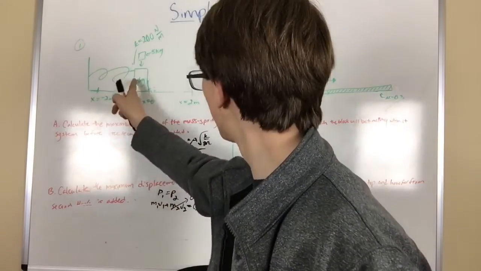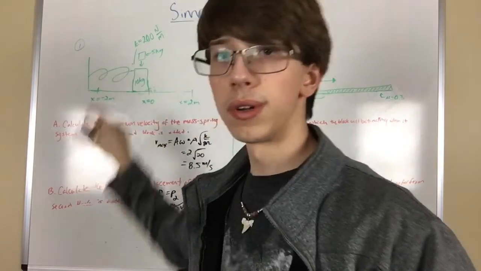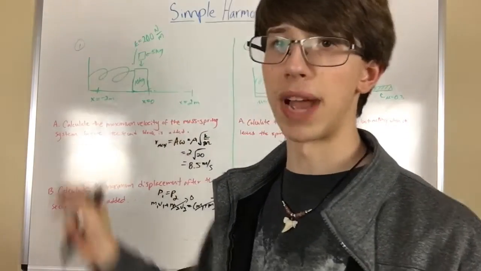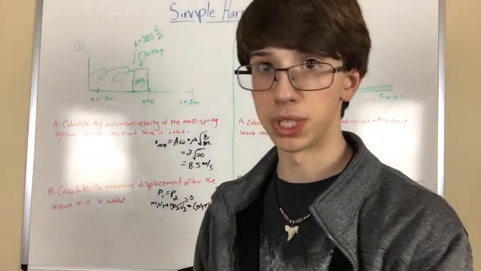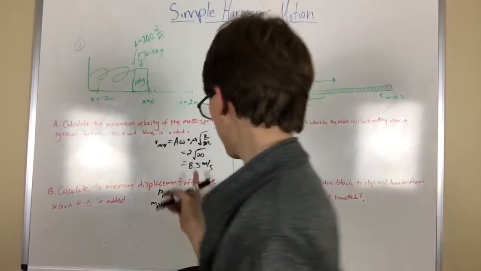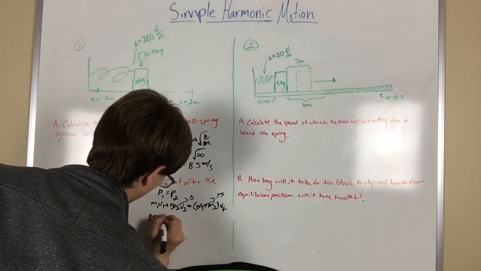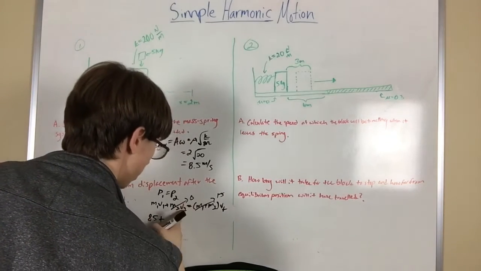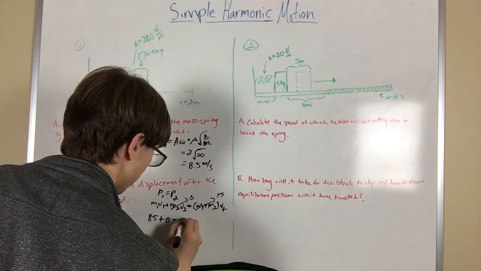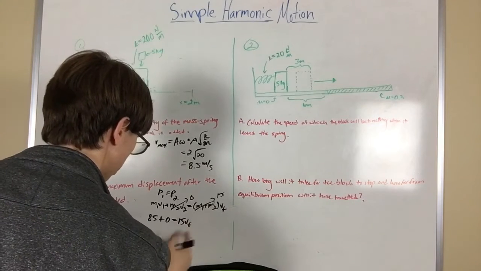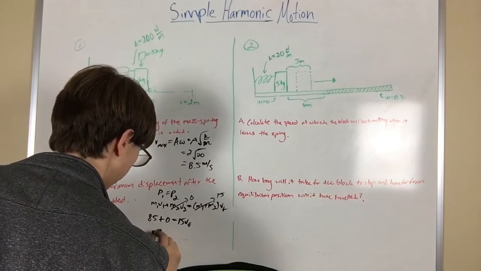What is the velocity of this block, though? Well, it's at its equilibrium position, so it's going to be maximum velocity, 8.5 meters per second. And we know that its mass is 10, so it's just going to be 85 plus 0 is equal to 15 times the final velocity. So it's just 85 divided by 15.